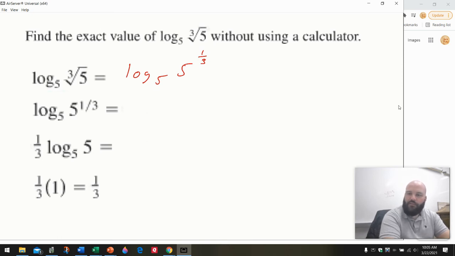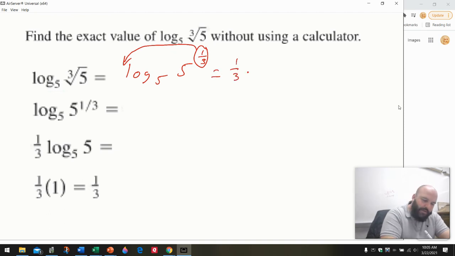The fourth root, that is the 1/4 power. So on. Now, the next property we're going to use is the power property, which allows us to bring down an exponent in front of anything that's being logged. So when I do that, I get 1/3 times log base 5 of 5.